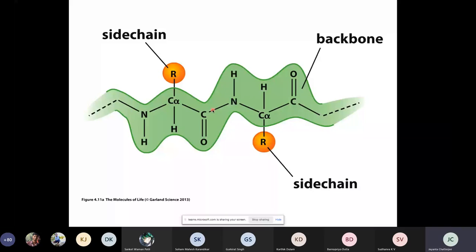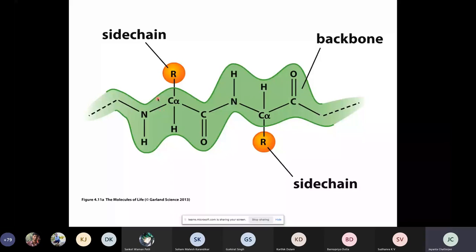Likewise, the next bond is planar, but this plane and that plane rotate with respect to each other because of the rotation between the C alpha C and the C alpha N. As we said last time, the rotation between this plane and that plane is called phi.